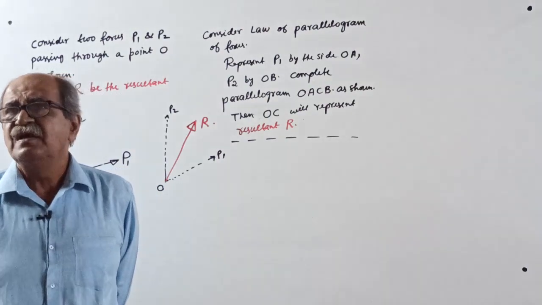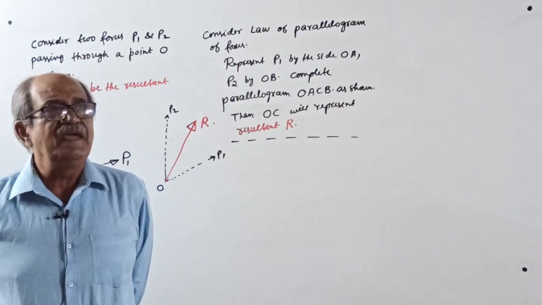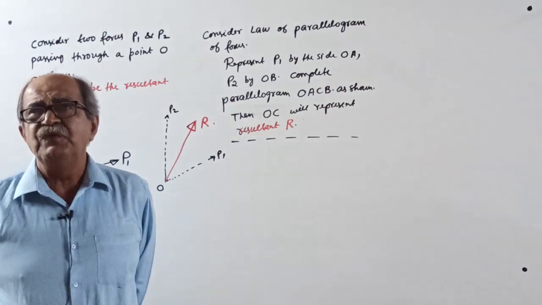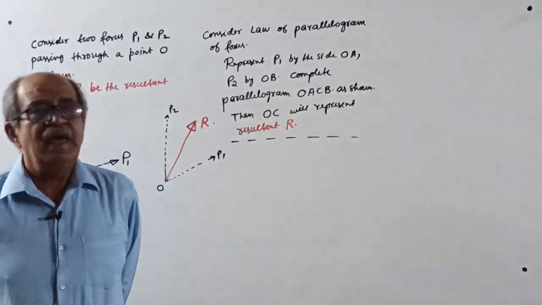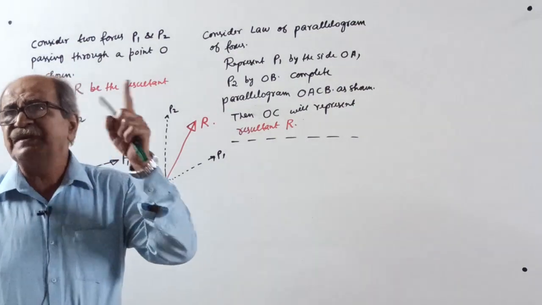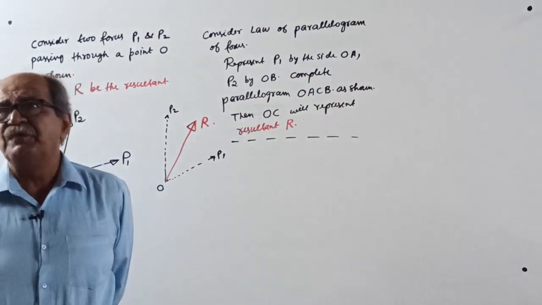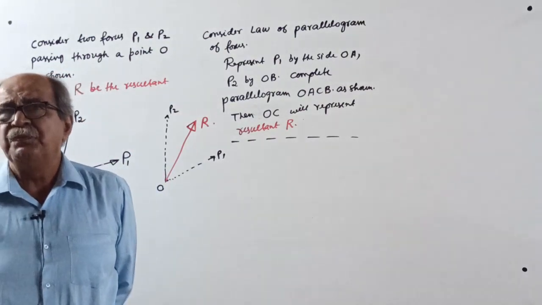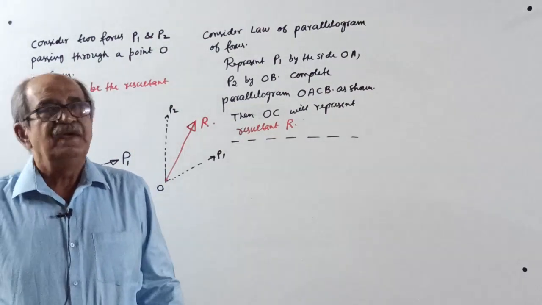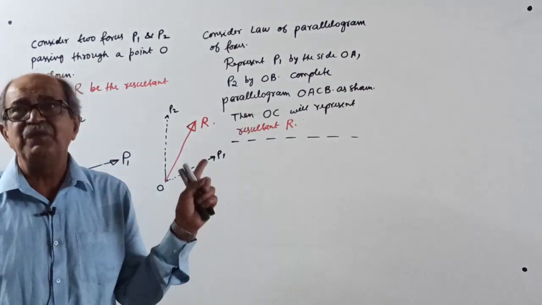What is the reason? I told you earlier, go through that class. It is like proving something for a square, then applying it for a rectangle. It is not correct. If you prove something for a rectangle, you can apply it for a square. Or one more thing: a rule passed in a state, and I try to apply it for the entire nation. No, not possible. But here it is possible.